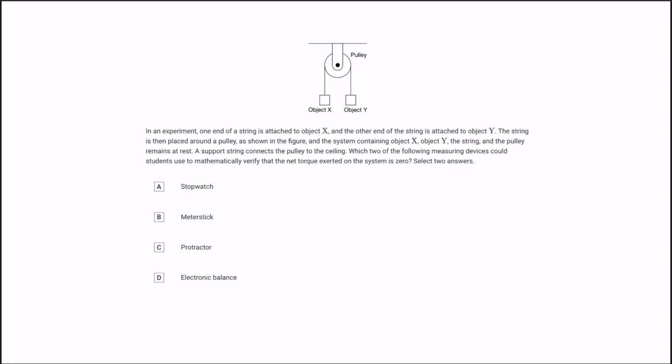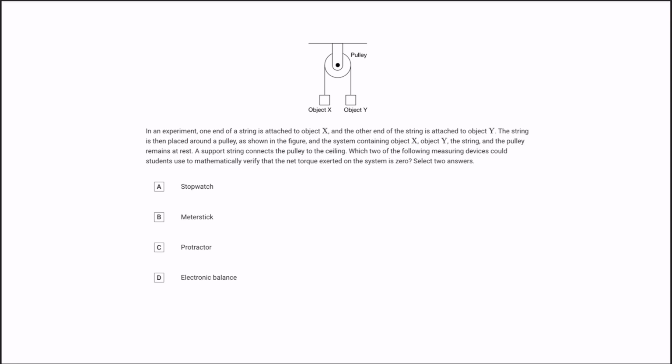Before we even finish reading, that means that the torque generated by object Y is equal to the torque generated by object X. A support string connects the pulley to the ceiling. Okay, cool, I see that. Which two of the following measuring devices could students use to mathematically verify that the net torque exerted on the system is 0? Select two answers.